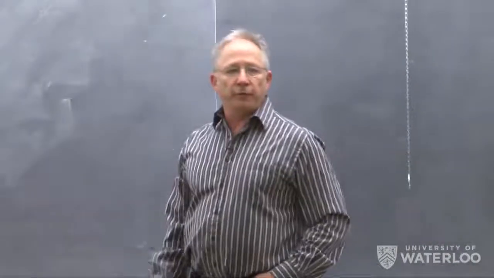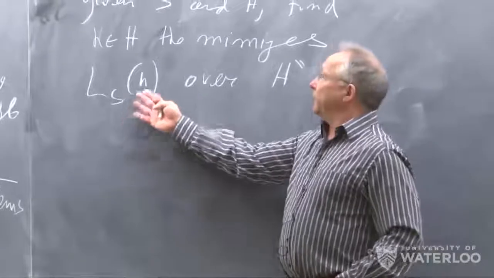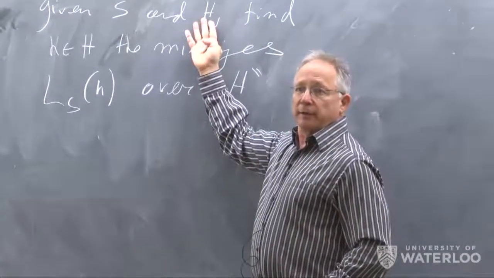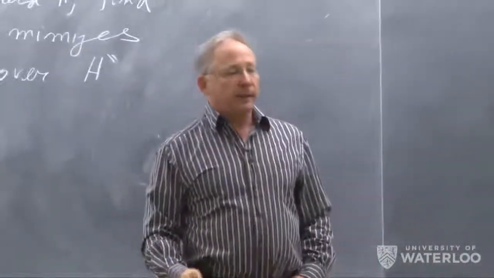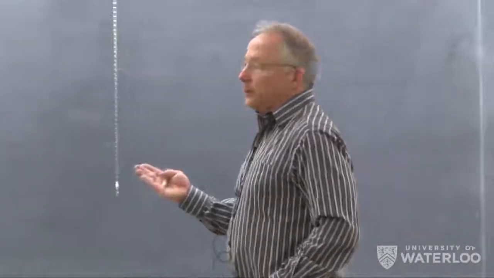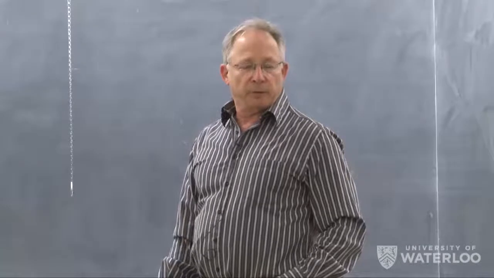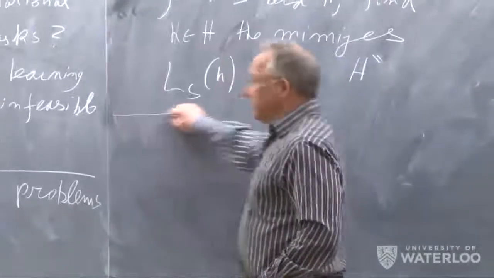We have a notion of a loss, a notion of cost, and a collection of candidate solutions, and we're trying to find a solution that will minimize this loss. These are, in general, very difficult optimization tasks. So how are we proposing to overcome it?